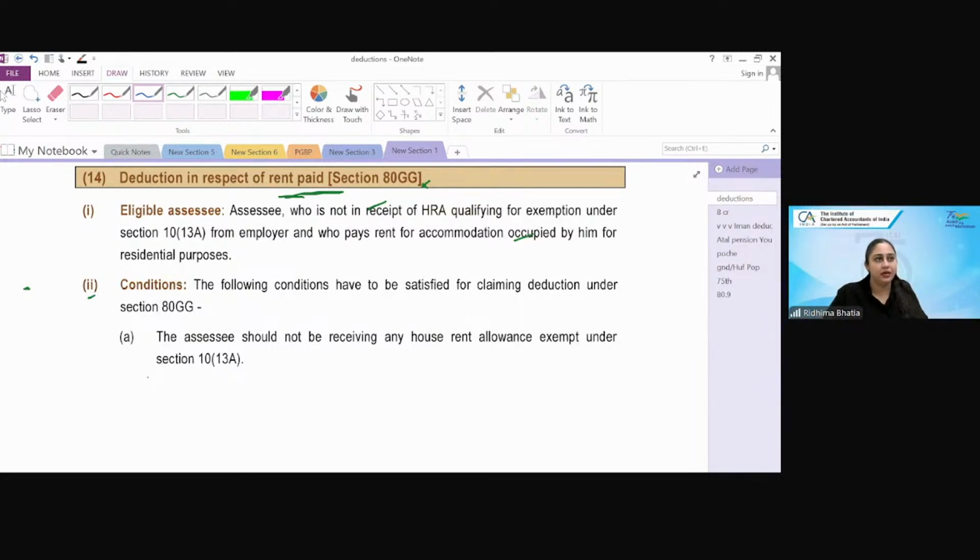Suppose I'm showing that I'm paying rent, but I have my own house in the same city, in the same locality. That won't work. I can have a house in Delhi, but due to my work, I'm living in Gurgaon. I don't want to travel 40 kilometers every day. So yes, if I'm paying rent there, even if I have a house, I can claim 80GG. But suppose I have a house in Gurgaon within a 5-10 kilometer range and I'm still claiming 80GG, that is not allowed. The house can be in my name, my spouse's name, or my minor child's name.